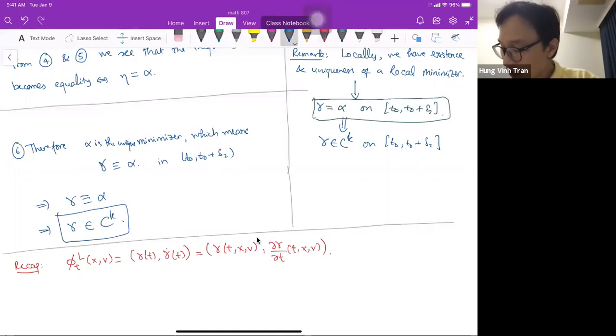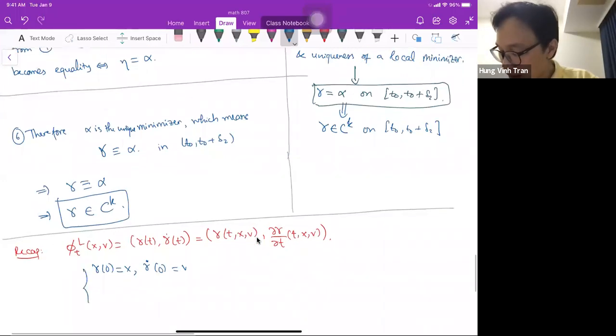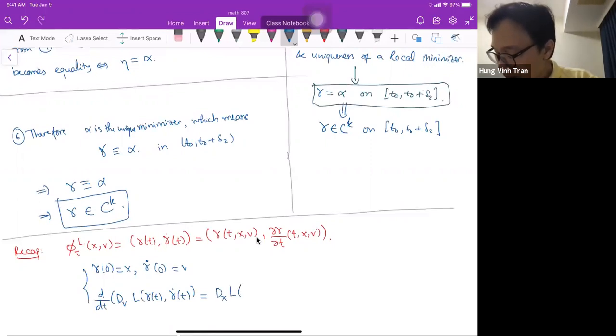But what is the point here? You have gamma of 0 equal to x, gamma dot of 0 equal to v, and it satisfies the Euler-Lagrange equation: d over dt of D_v L(gamma, gamma dot) equals D_x L(gamma, gamma dot) for t in R.